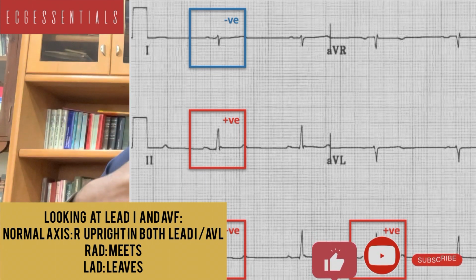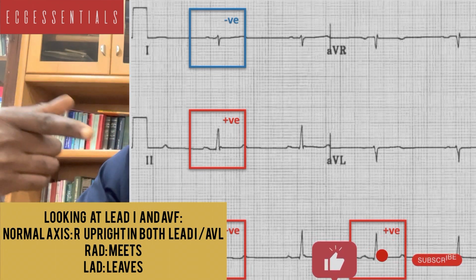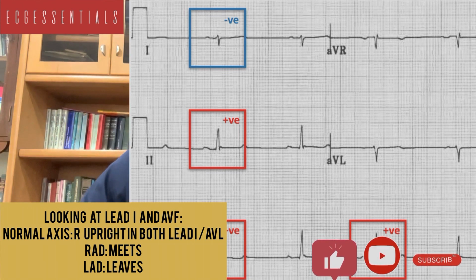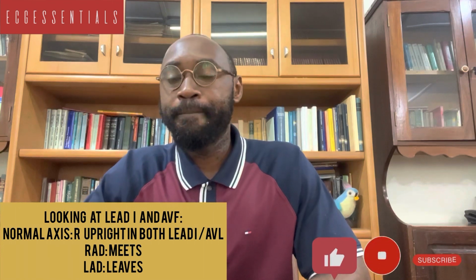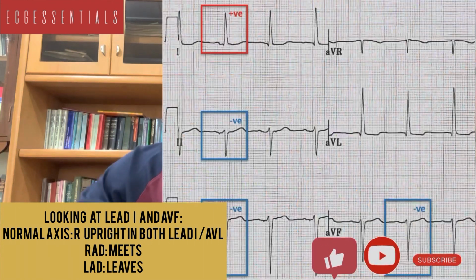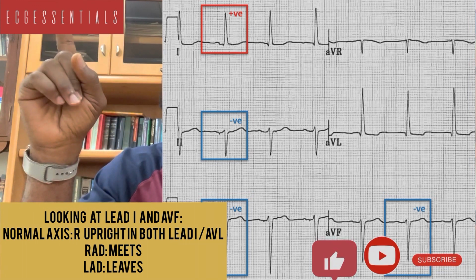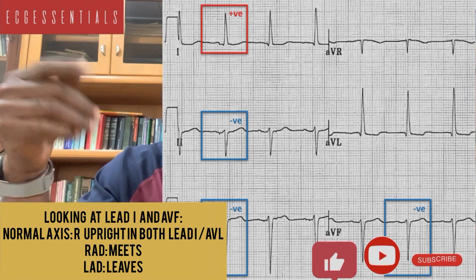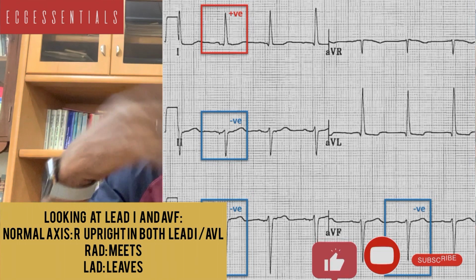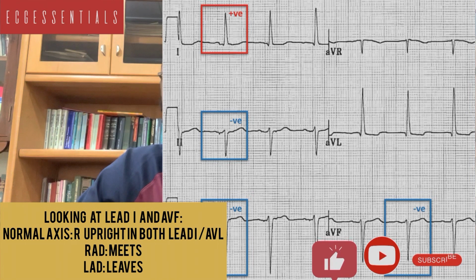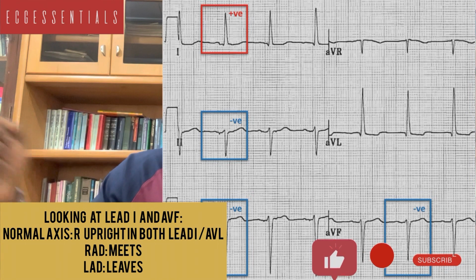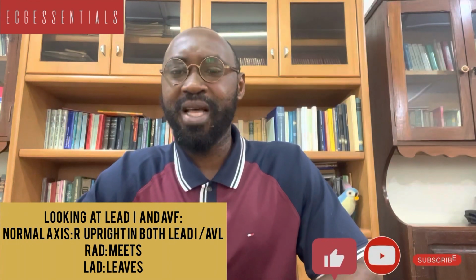If they are pointing away from each other, then we say right meets, so commonly we consider it a right axis deviation. And then if the R wave is pointing upwards in lead 1 and downwards in aVF, then leaves, left. So we commonly say left axis deviation.